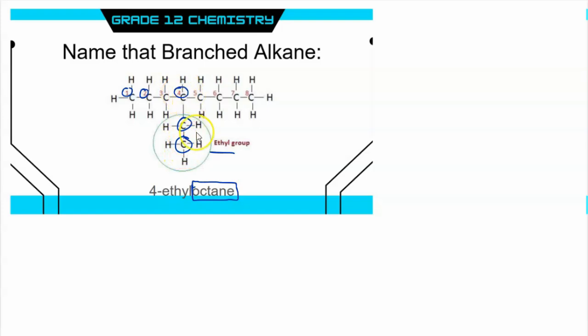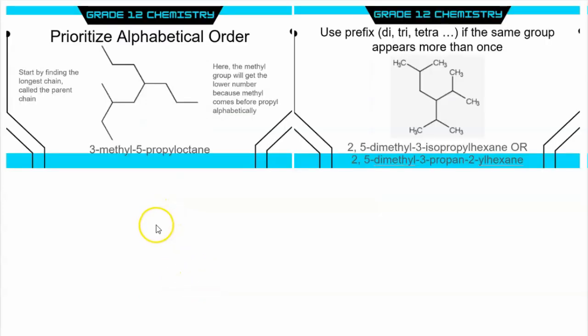So how we're going to say this is we're going to say 4-ethyloctane. Now, whenever we're having a number next to a letter, we always have a dash. So 4-ethyloctane.